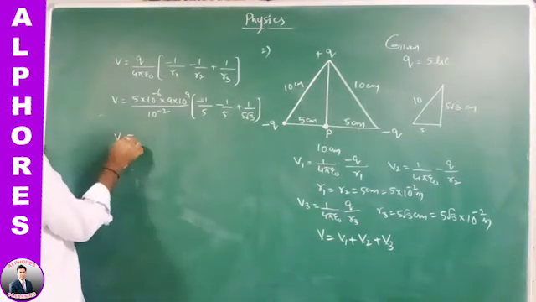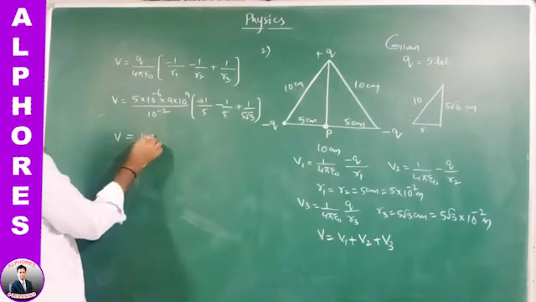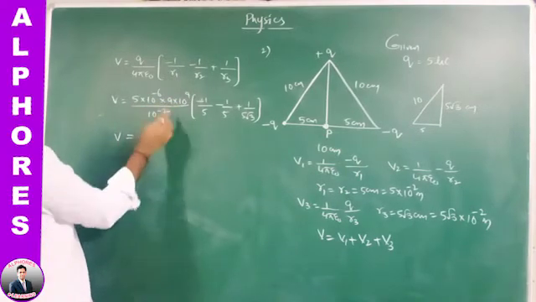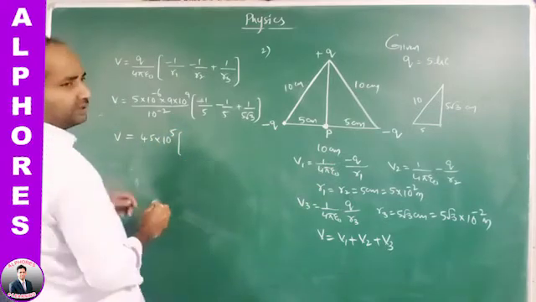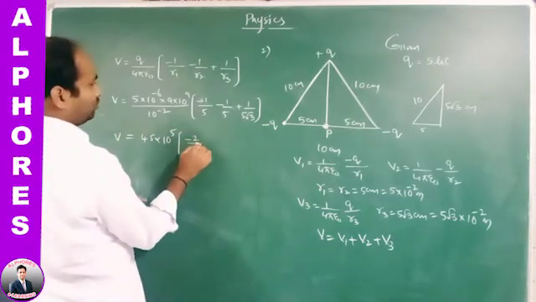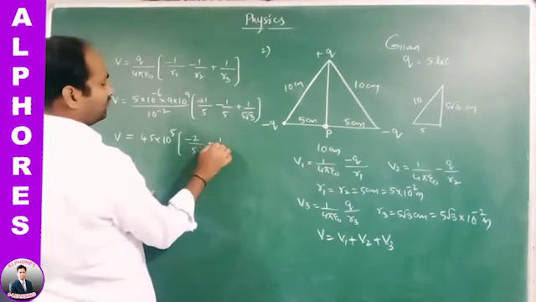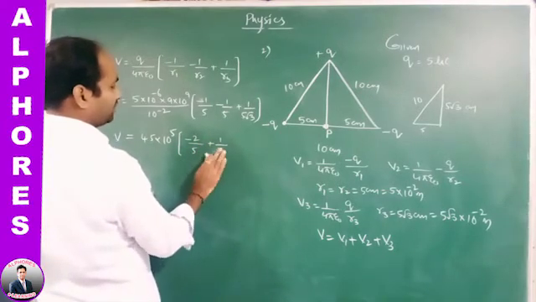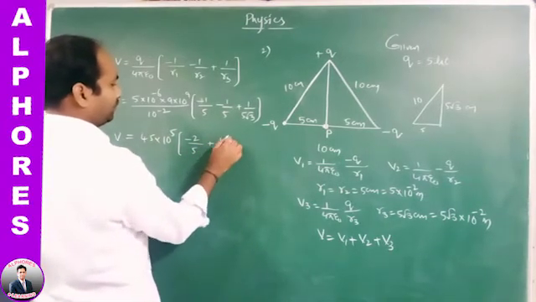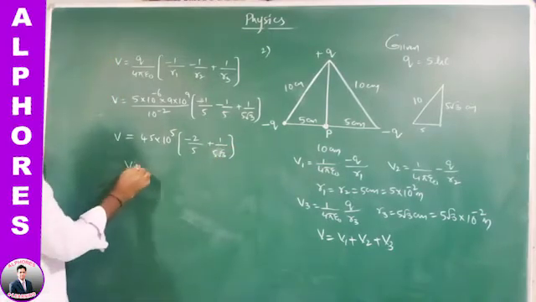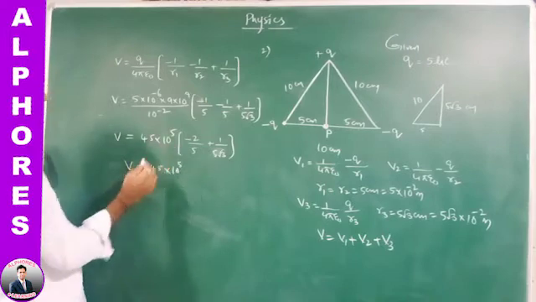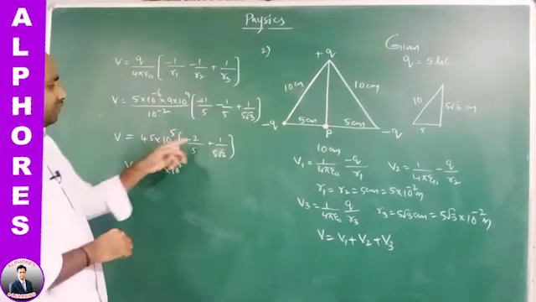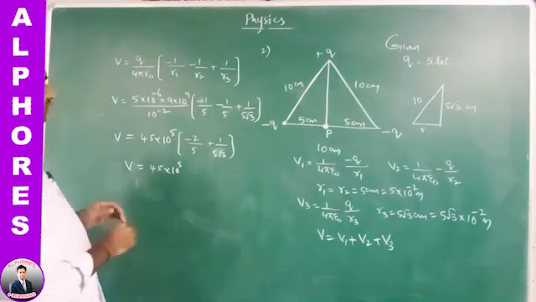That is V is equal to 45 into 10 power 5, with minus 2 by 5 plus 1 by 5 root 3.